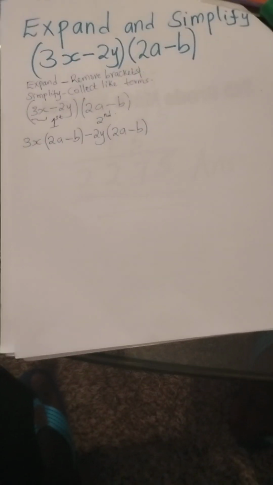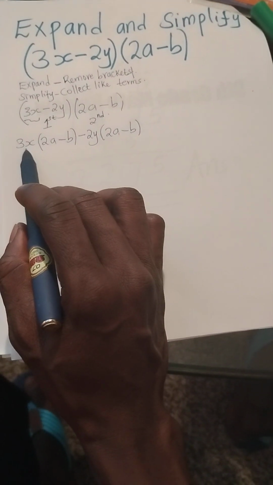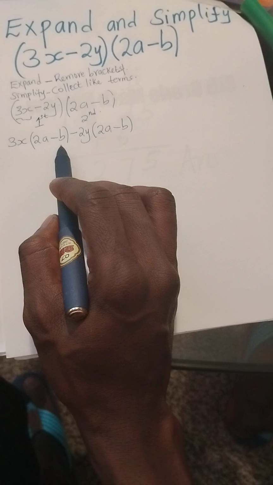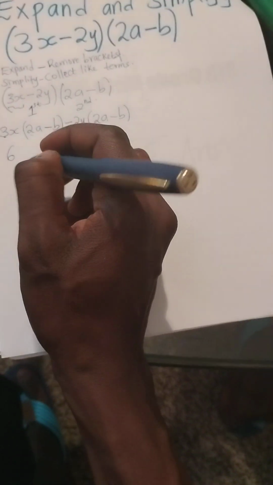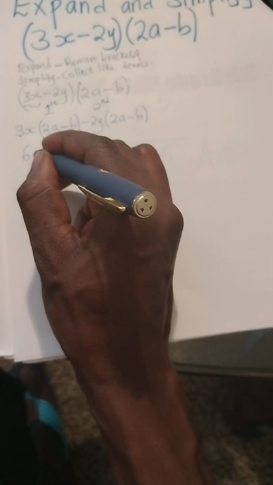So once I'm done finding the product of what is outside the parenthesis by everything inside the bracket, I'll have removed the bracket. So I say 3x times 2a, 3 times 2 is 6. I only multiply the coefficients, then I write there the variables: 6ax. Minus 3 times minus b, 3x times minus b is 3xb.